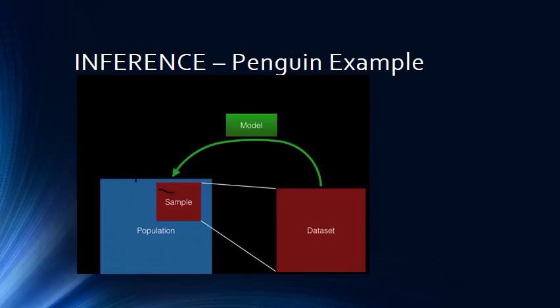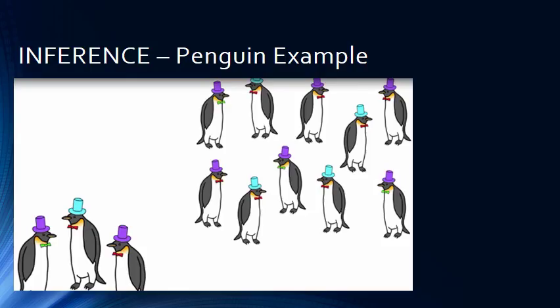And we say that 1/3 of the penguins in the population wear turquoise hats. That becomes our model that describes our population. So we see it here. Based on that assumption that we're making, we're saying that 1/3 of our population wears turquoise hats.